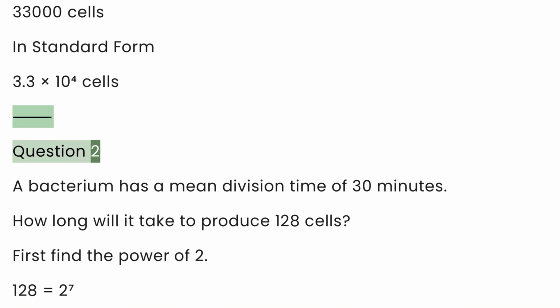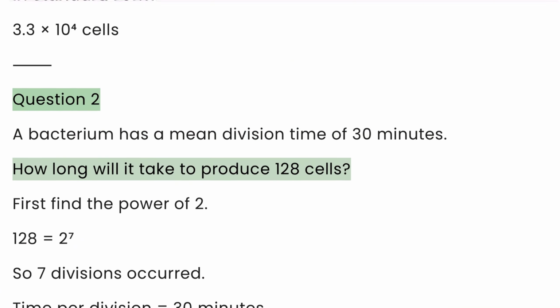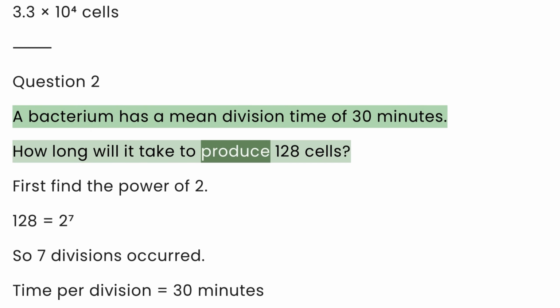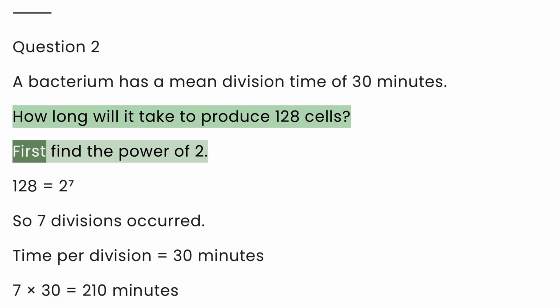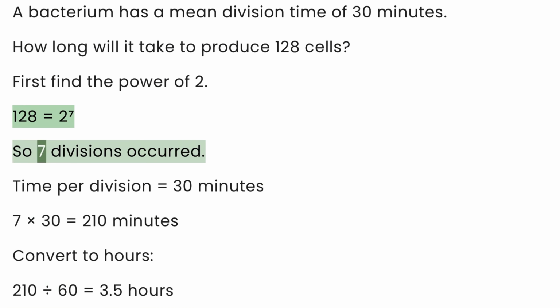Question 2. A bacterium has a mean division time of 30 minutes. How long will it take to produce 128 cells? First, find the power of 2. 128 equals 2 to the power of 7. So 7 divisions occurred.